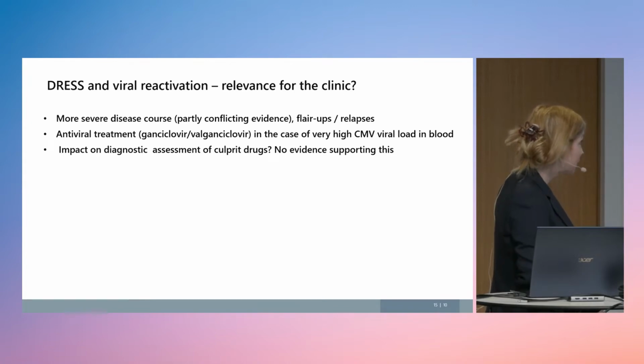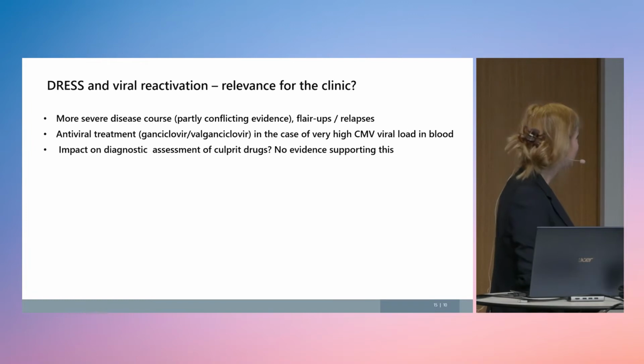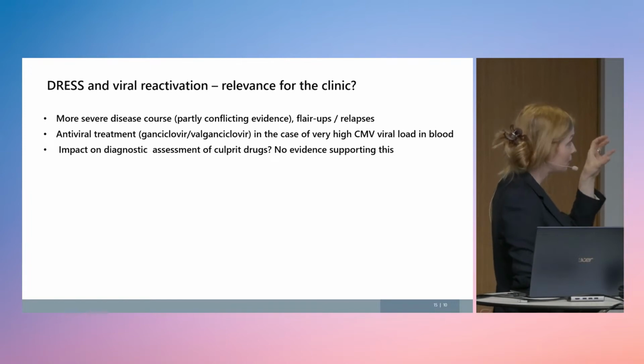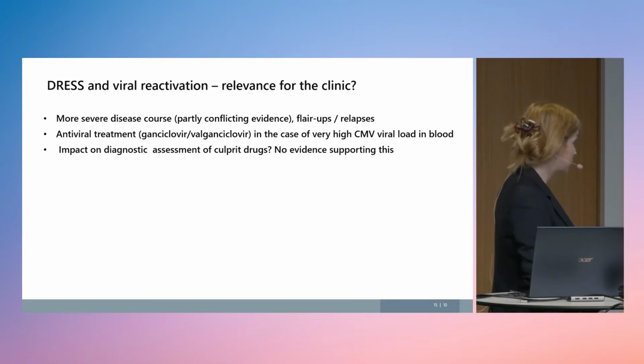To the best of my knowledge, and I'm curious what you think about it, I'm not aware of studies where it was addressed whether the viral reactivation in the acute phase would make an impact on the diagnostic workup later on, so after the reaction.